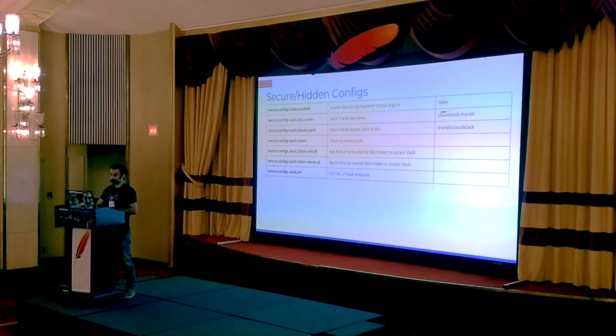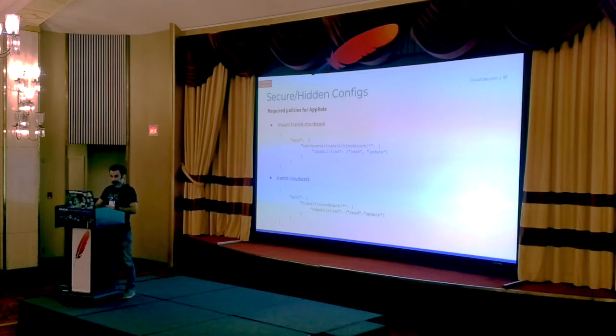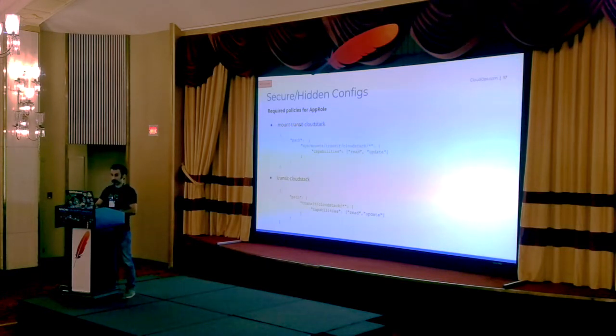Essentially you need to either enable it or disable it, as I mentioned earlier. And the same goes for the policies, samples that can be used for defining and generating the app role to talk to the transit backend engine. Again, the most important thing is that these names per Vault installation need to be unique.